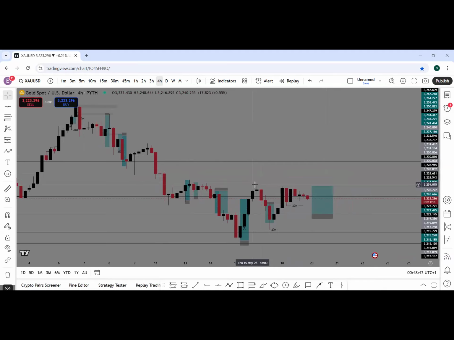Exactly. Okay, so now sometimes I actually mark structure shift from the top of that red candle instead. No, this is the last high. This is the highest point. What I mean by high is the highest point price gets to before reversing. And here is the lowest point price gets to before reversing.